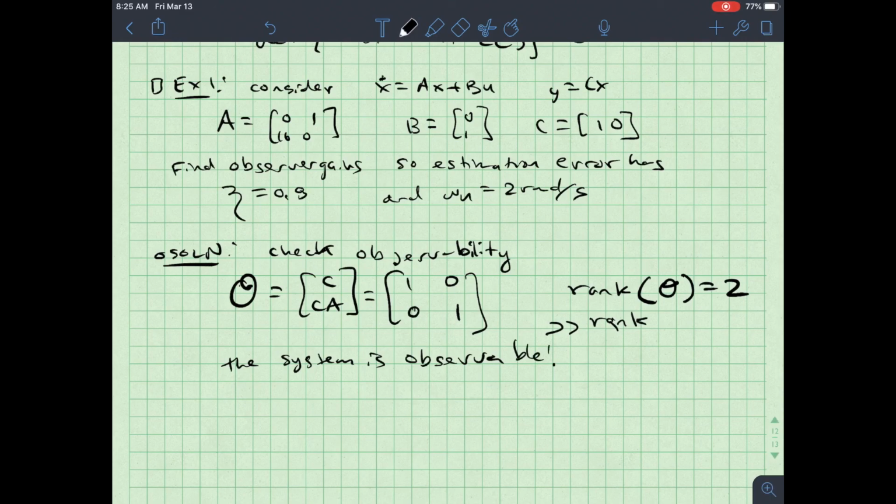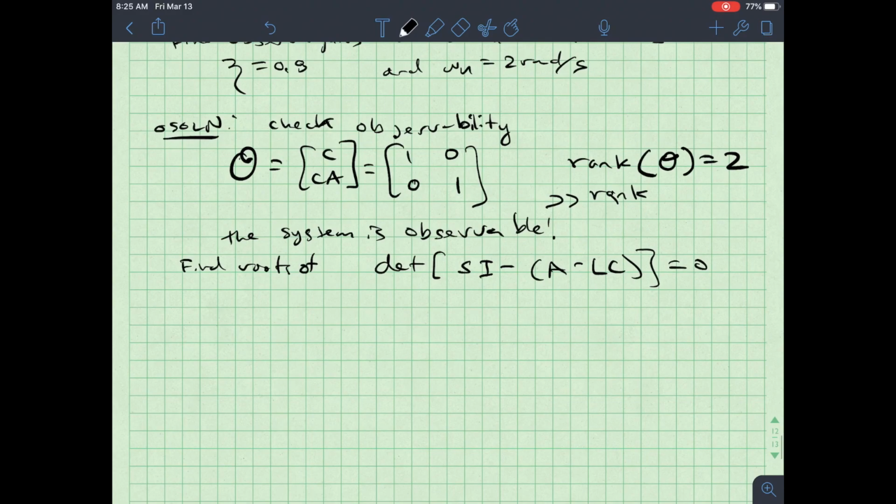So, next thing I need to do is find the roots of the determinant of sI minus (A minus LC) equals 0. Obviously I'm going to need to do some matrix math here, so I'll take A minus LC, which is equal to 0, 1, 16, 0 minus L1, L2 multiplied by 1, 0.